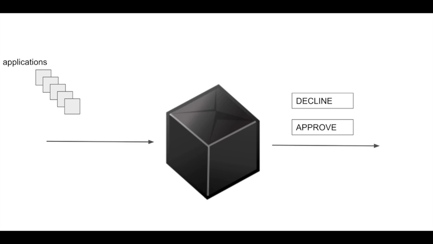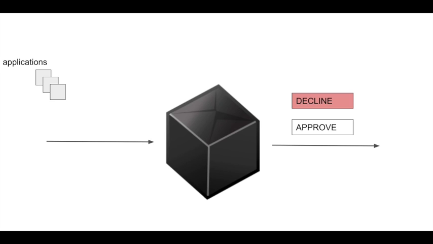Using the same diagram we have shown you before, you can now see that for this specific example, the machine learning model receives information about each application as an input, and it provides for each application a suggestion on whether the application should be approved or declined.